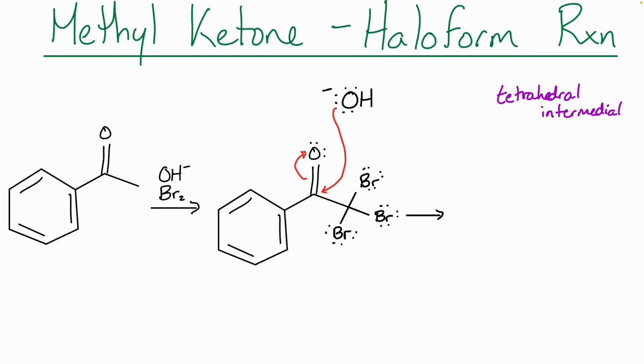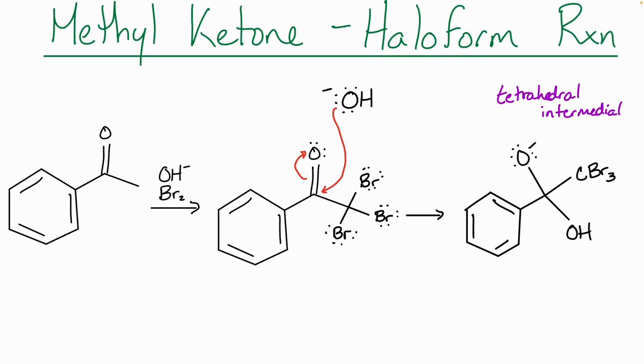But this tetrahedral intermediate is a little different than the ones that we've been looking at up until now. And we're going to see this a lot in the next few chapters as we start talking about these carboxylic acid derivatives. So I have my alkoxide ion, I have that OH group that just attacked, but I also have this carbon with these 3 bromines here.